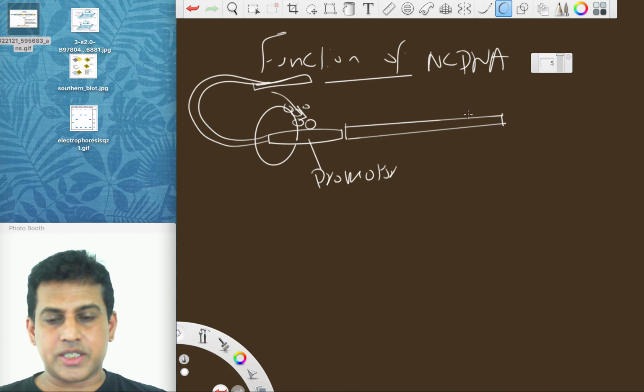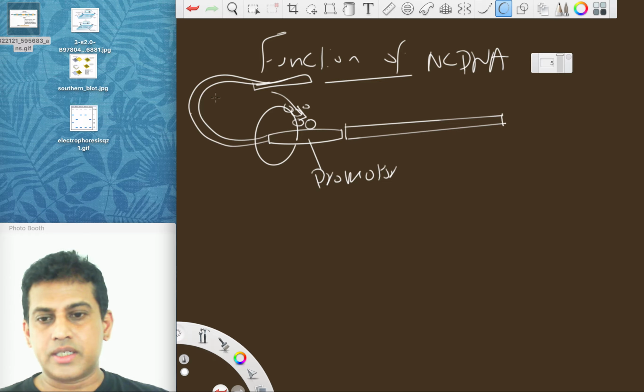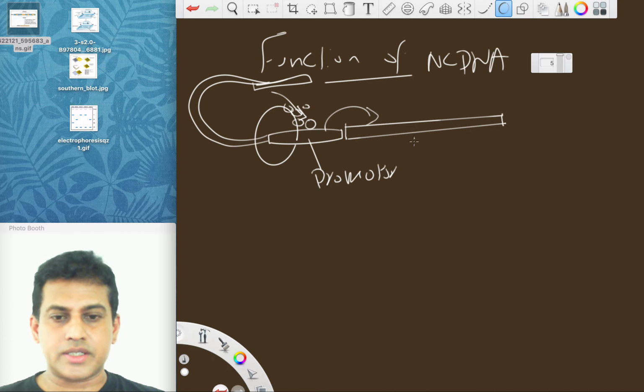So the promoter and enhancer regions are outside the coding region. We can consider one function of the non-coding DNA: it provides a regulatory part of the DNA to regulate the coding region.